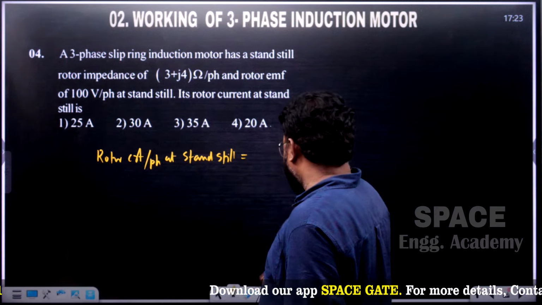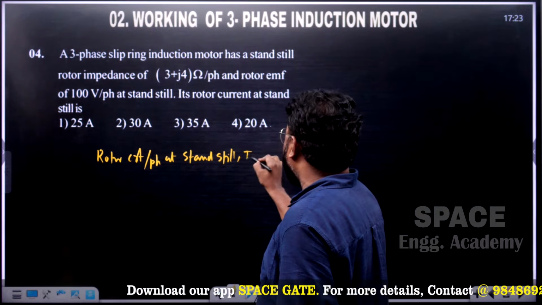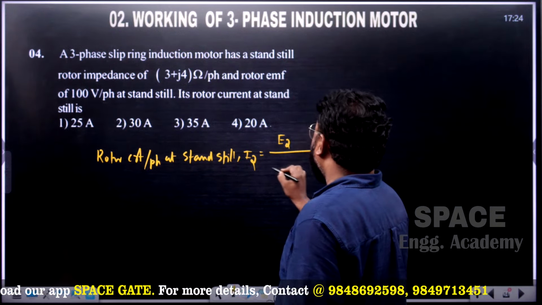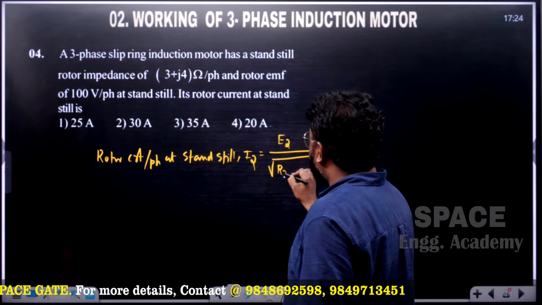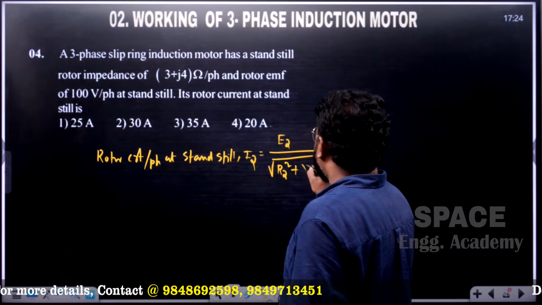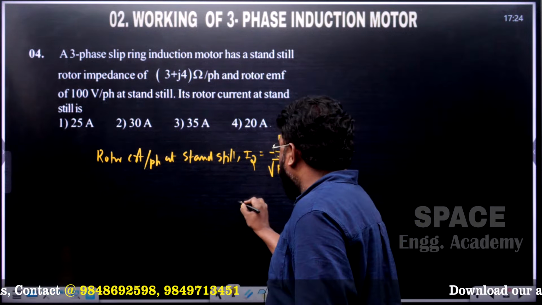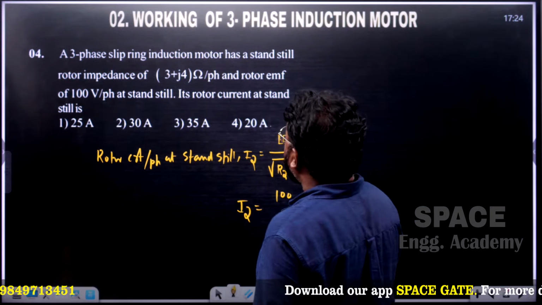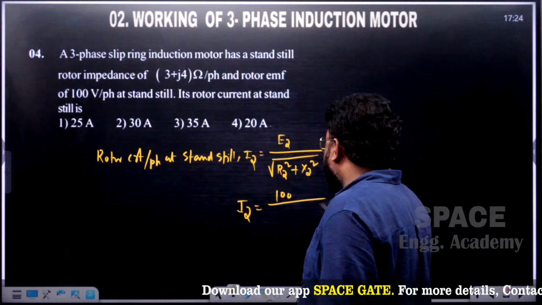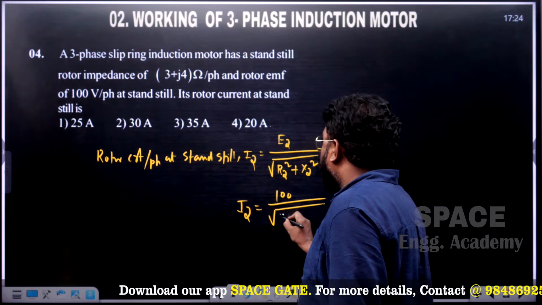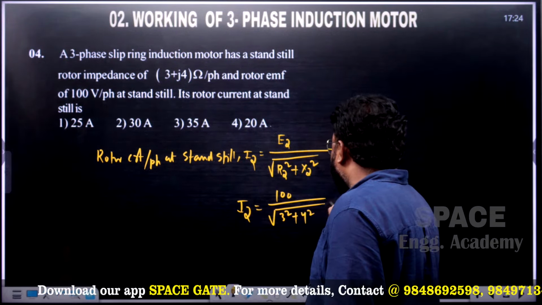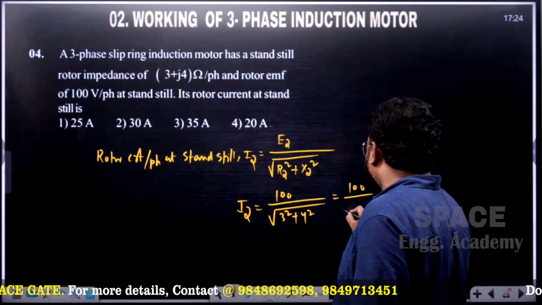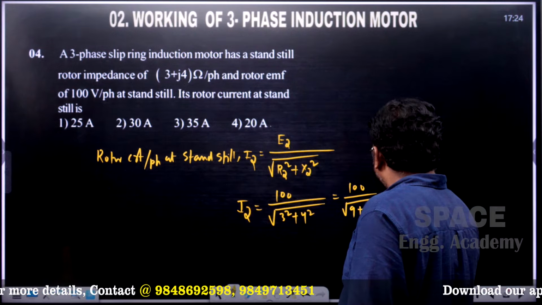So the rotor current per phase at standstill condition, denoted by I2, is equal to E2 divided by the square root of (R2 square plus X2 square). So I2 is equal to the standstill rotor EMF, 100 volts, divided by the square root of (3 square plus 4 square), that is the square root of (9 plus 16).